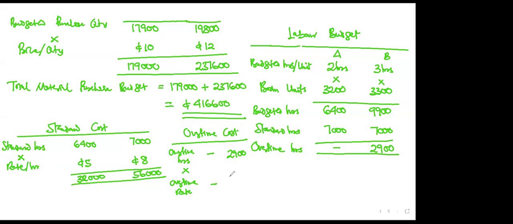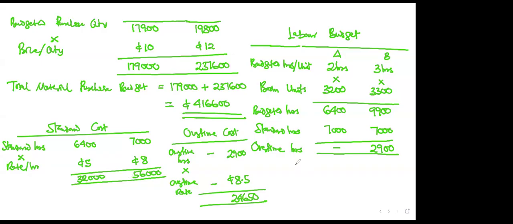So let's say overtime is 8 cedis 50 pesewas. Then you calculate that one too. That one will be 24,650. Is everybody following? Yes, sir.